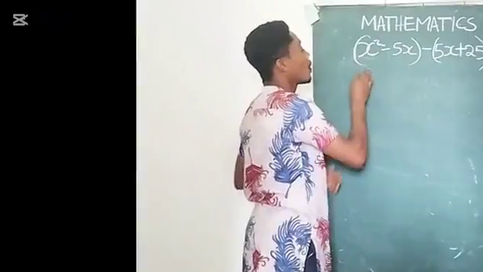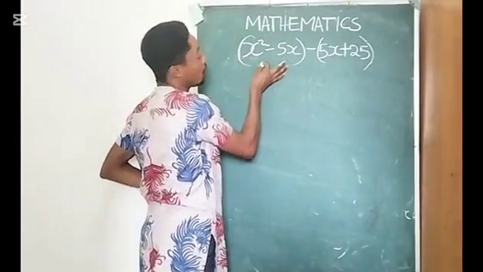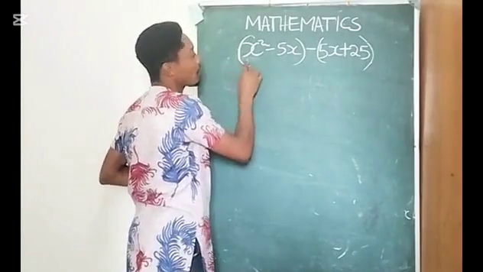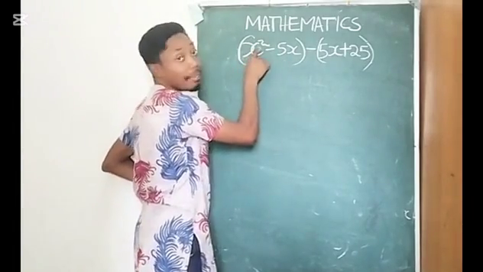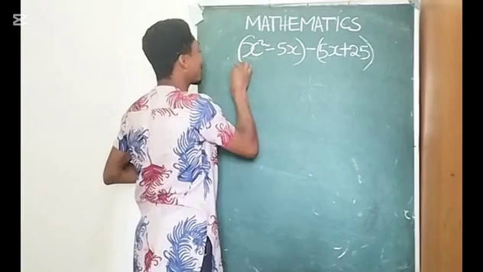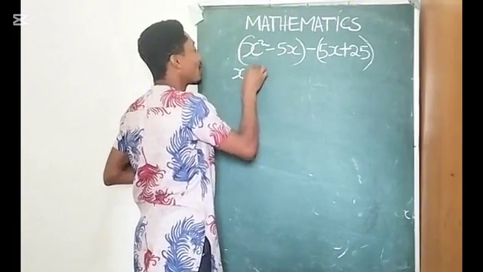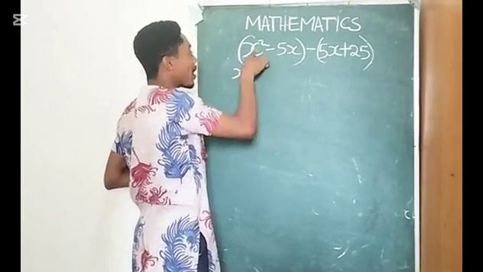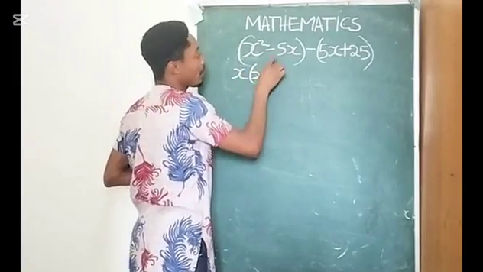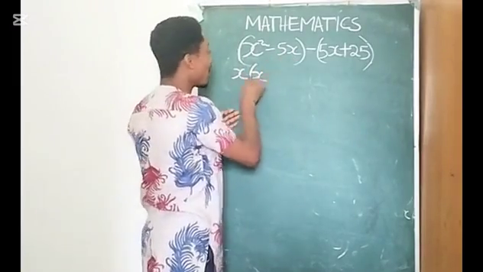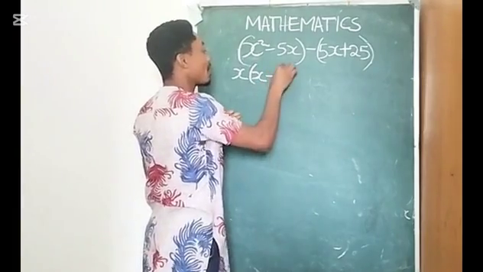Factorizing the first group of two terms, the highest common factor between x squared and minus 5x is x. To get what is inside the bracket, x squared divided by x gives you x, and minus 5x divided by x gives you minus 5.